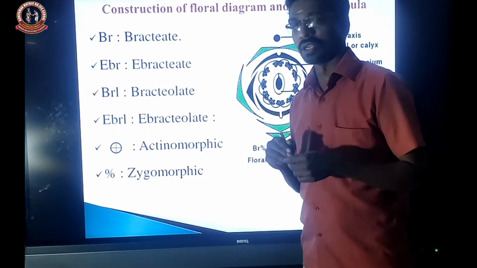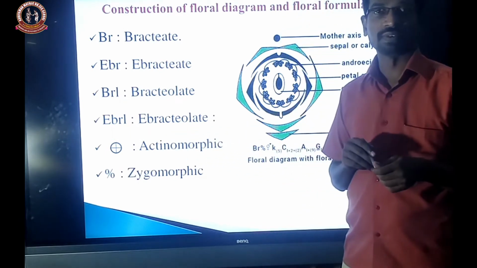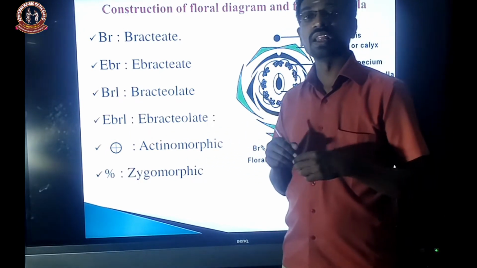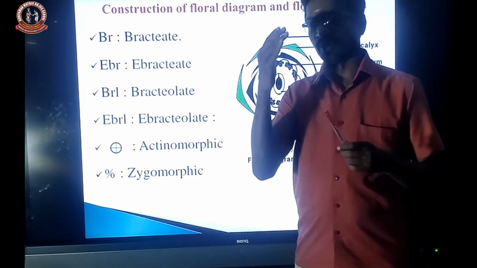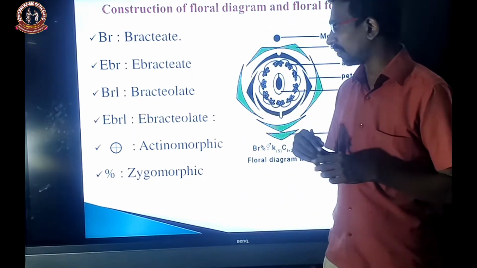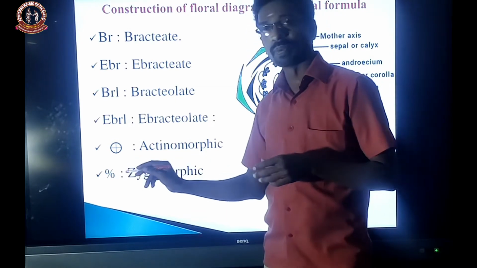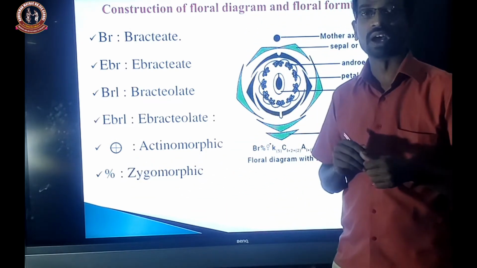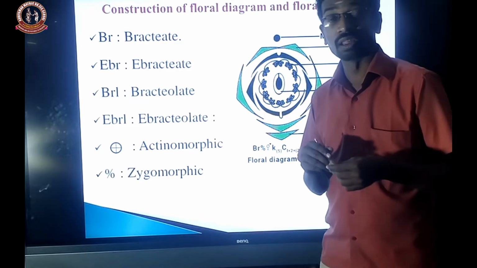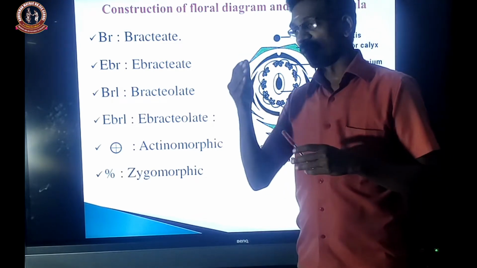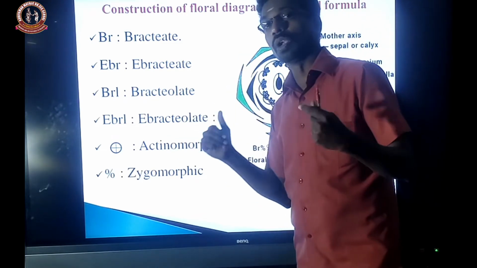This symbol is used for an actinomorphic flower; it mentions the symmetry of the flower. If you cut it in any plane, you get equal halves, that is actinomorphic. This symbol, the percentage symbol, mentions zygomorphic or bilateral symmetry. If you cut the flower in only one plane, then only you get equal halves.